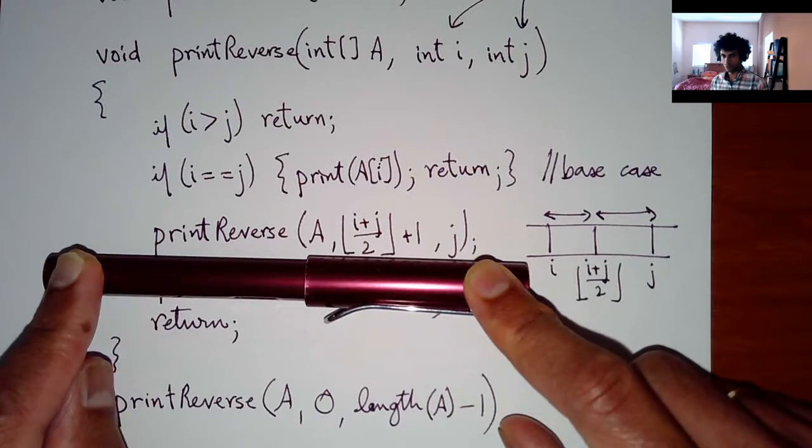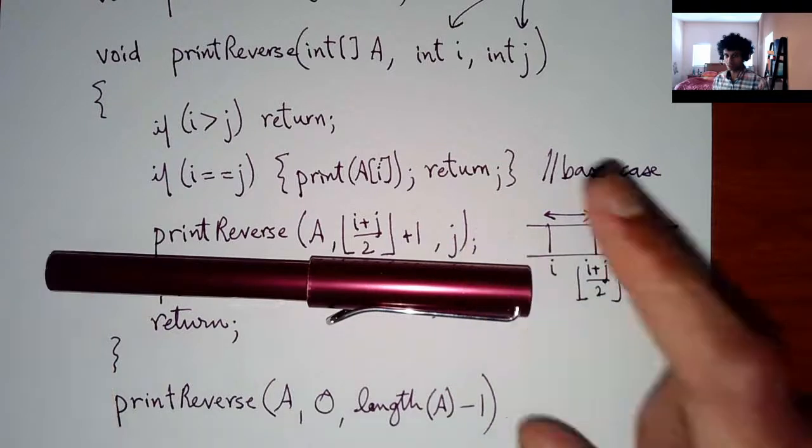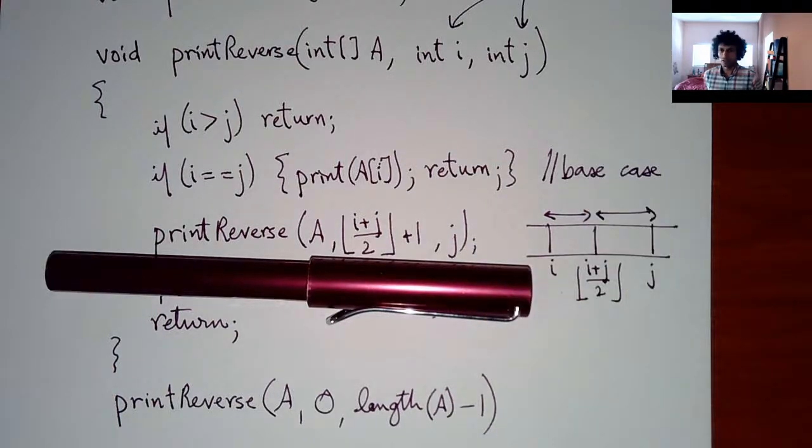Okay, I want you to think about this. I'll pause for a minute. So this is your piece of code now. And tell me, what is this going to print? And let's say this was the initial call. What is going to get printed?